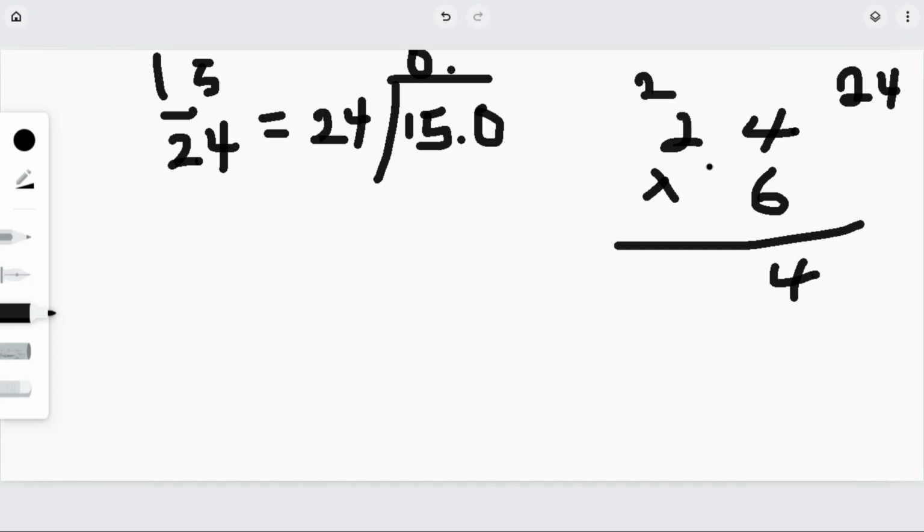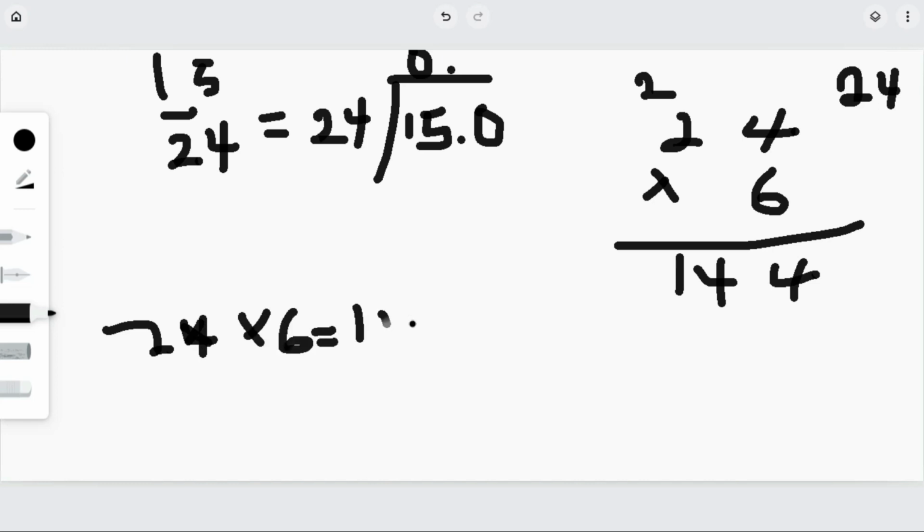So 6 times 2, that's 12, 13, 14, so you get 144. Remember that 24 times 6 is equal to 144. That's 2 times 6 and 4 times 6 is 24. I think I'm right with that one.